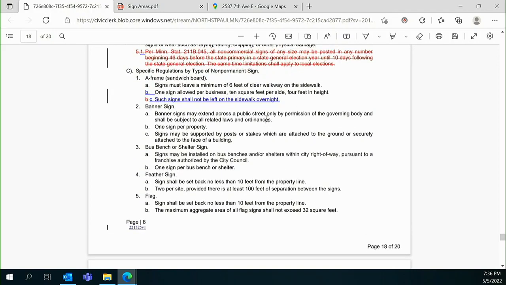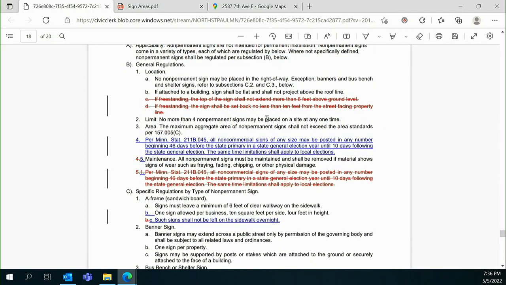If you look at the general regulations on 157.008 under B1A, it just says no non-permanent sign may be placed in the right-of-way. So what if we added a regulation within B that said there is a setback for anything that's above X square feet, unless it's an A-frame?